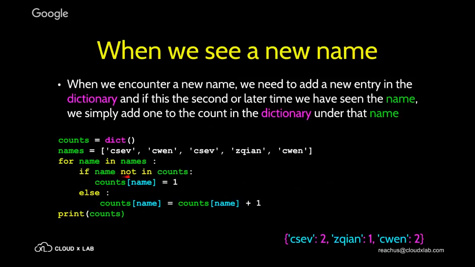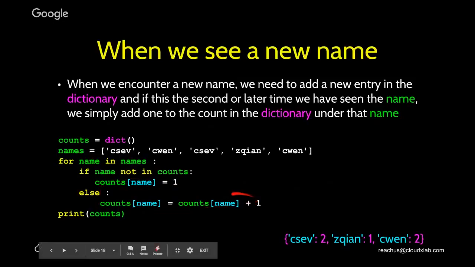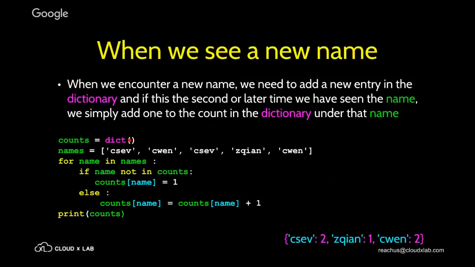Otherwise, if the name is not in counts, which means it does not exist in the dictionary, we initialize it to 1. Otherwise, we increase the count of the existing one. Sounds good? So CSAF would not exist in the dictionary in the beginning, and that's why we will get here. So the count of CSAF will become 1 and so on, right?